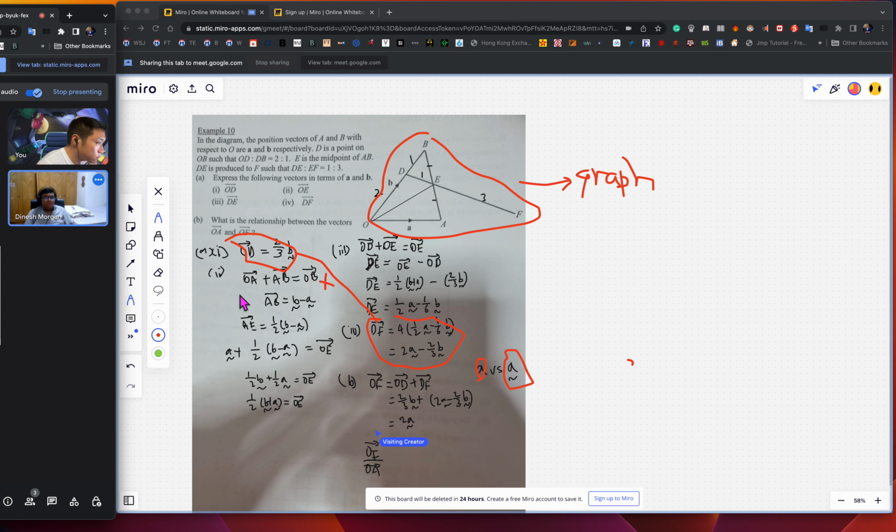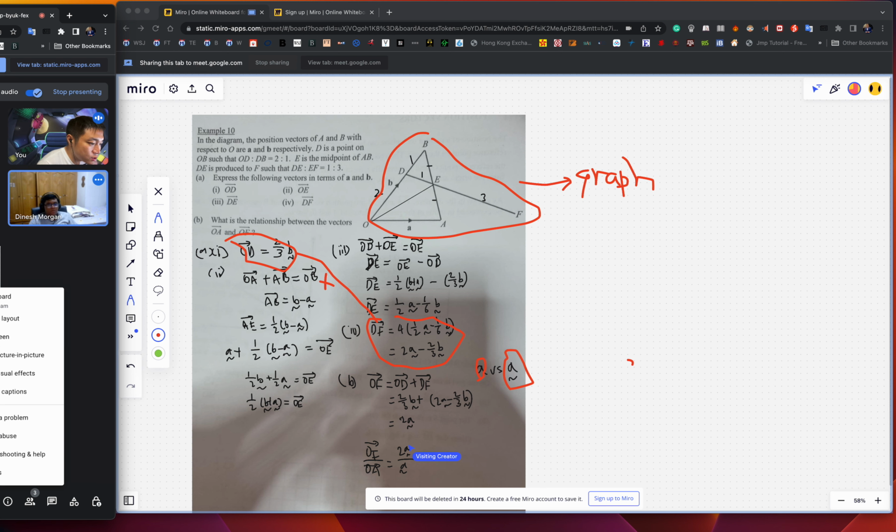Can you continue? Alpha over alpha, so you cancel, and then you will get a constant 2, right? So the answer is 2.